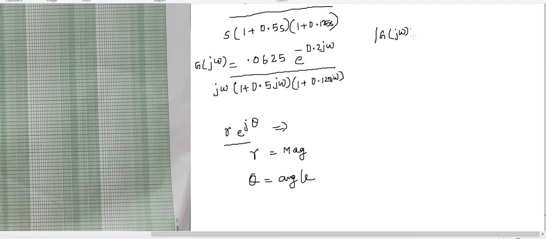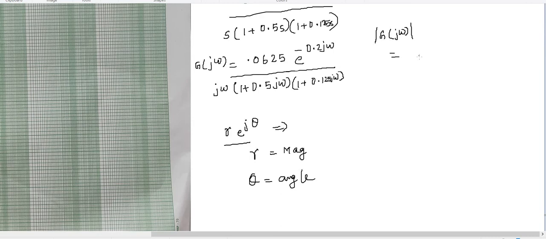The magnitude of G(j omega): when an exponential term comes, you have to add the constant of that exponential term to the whole system. Then it will not affect much in the magnitude part.